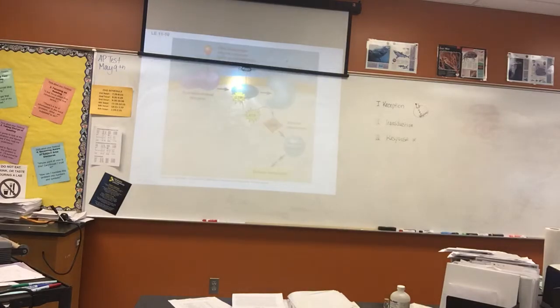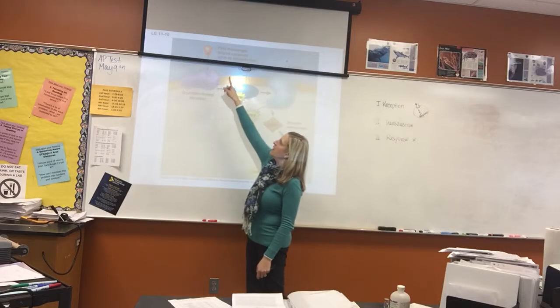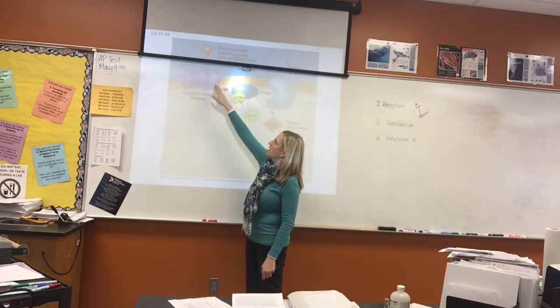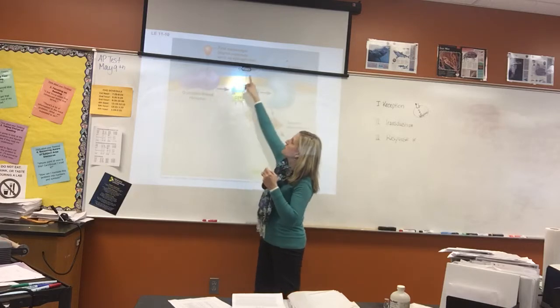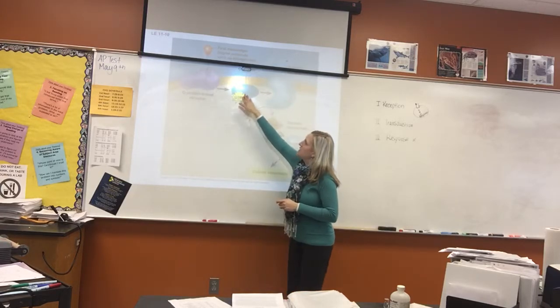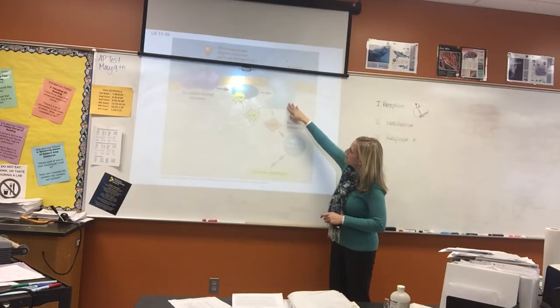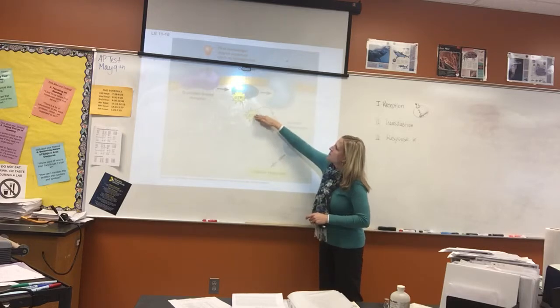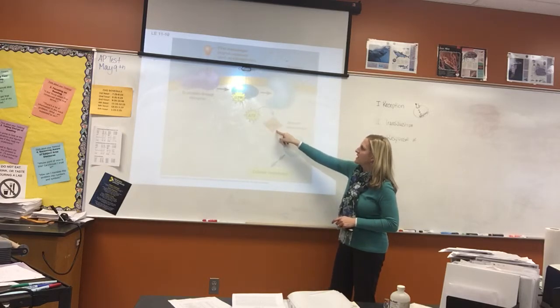We talked about this example with the second messenger, cyclic AMP. We have a signal molecule binding to the G protein linked receptor. That's your first messenger. It activates a G protein, which activates this enzyme called adenylyl cyclase. That enzyme catalyzes the conversion of ATP to cyclic AMP.